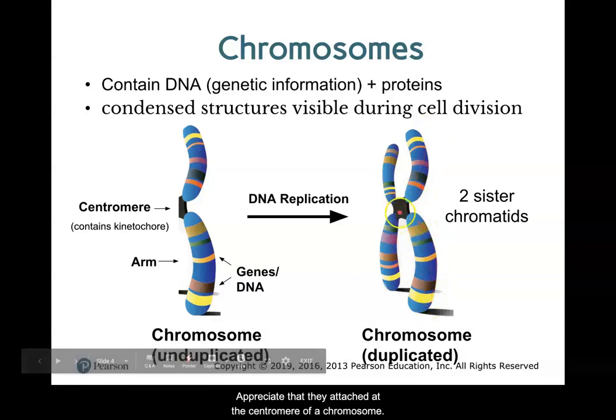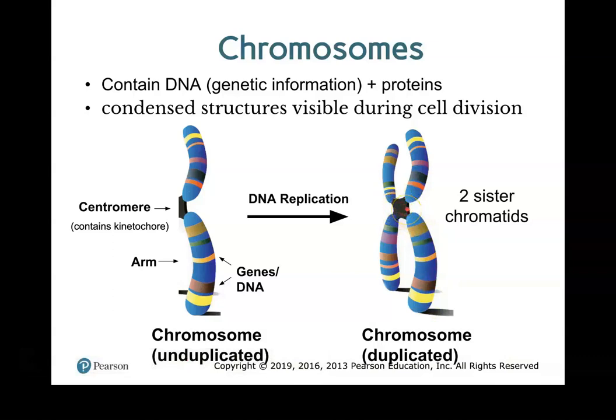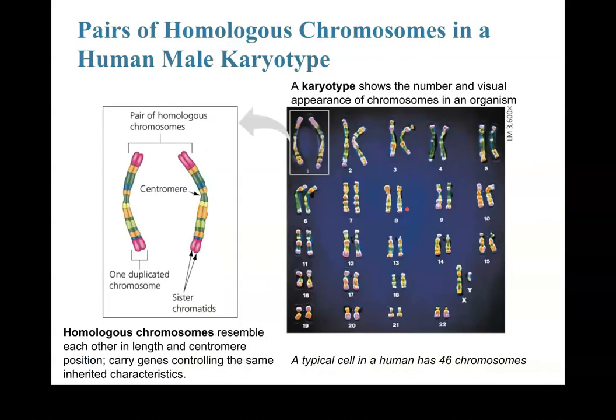Appreciate that they attach at the centromere of a chromosome. Mapping out chromosomes of an organism is called a karyotype. That's where we see the number of chromosomes of an organism and an actual visual appearance of what chromosomes are in that organism.